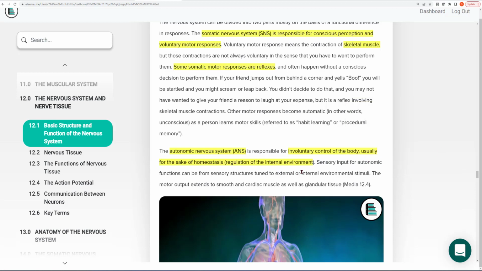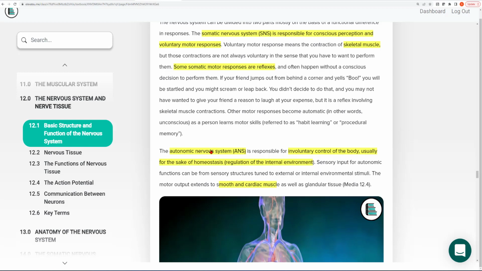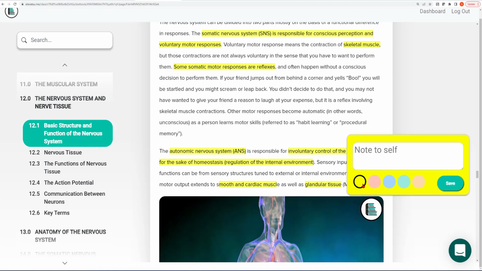So this is all about involuntary. You know that the two muscle types that are involuntary are smooth and cardiac, right? So smooth and cardiac muscle are involuntary, so they are controlled through this division of your nervous system, the autonomic nervous system, and also your glandular tissue.